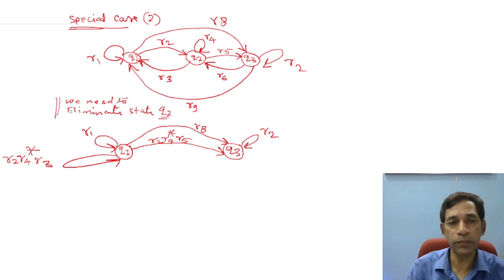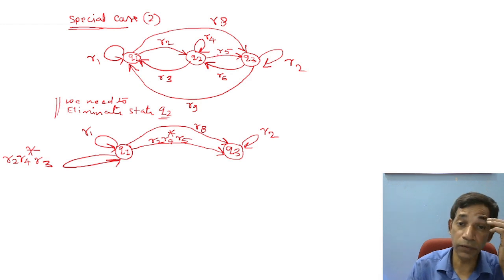If you start from Q1, you are going to the state Q2, and this is one outgoing edge. If you start from Q1, you are going to Q2, then this is the other outgoing edge. These are the only two outgoing edges. Now you can consider Q3. If you are in Q3, you are going to the state Q2 for the regular expression R6, then one outgoing edge is also R5.